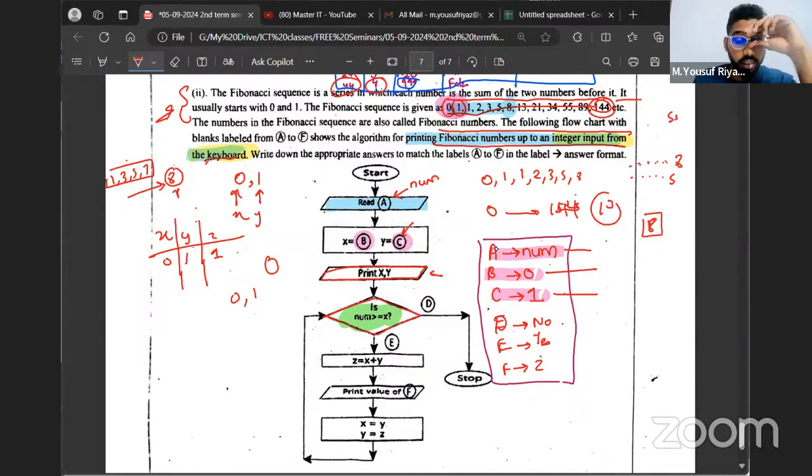Technically, sorry, 0, 1, 1 is going to get displayed. If you run the algorithm, you will know 0, 1, 1 is getting displayed, because Z is equal to X plus Y. So X is 0, Y is 1, 0 plus 1 is 1. So 1 is going to get displayed, and yes, 0, 1, 1.